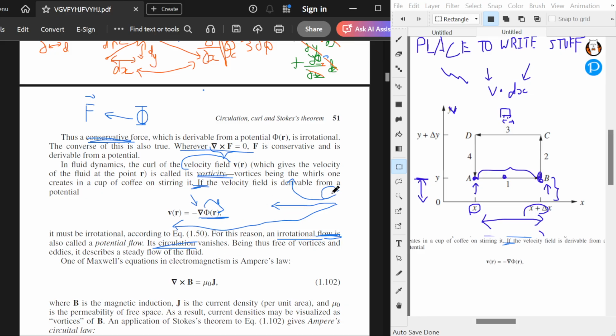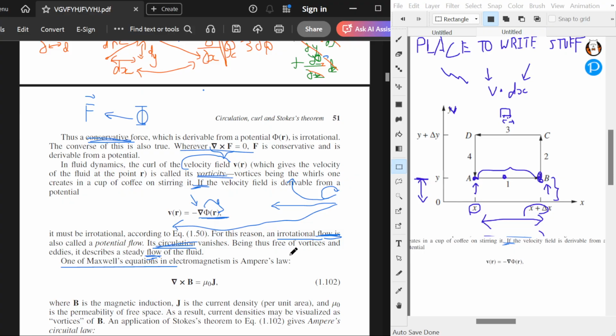I'm just making up stuff, but in my defense, they are making up stuff too. They're saying flow, flow, flow, and circulation, and curls and stuff. So I might not be that far from the truth.